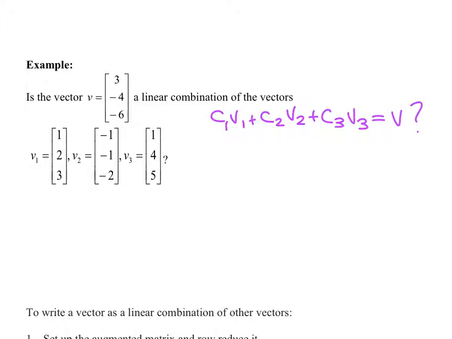And now we got a big old question mark here because we're not sure. So 1, 2, 3, -1, -1, -2, 1, 4, 5, and then the augmenting column. And then let's get my calculator.